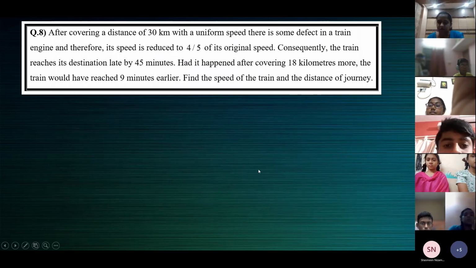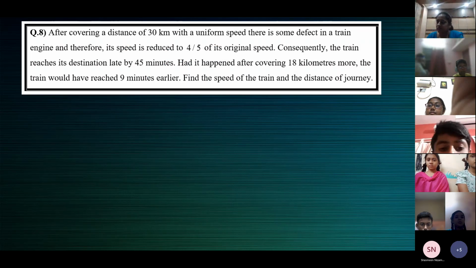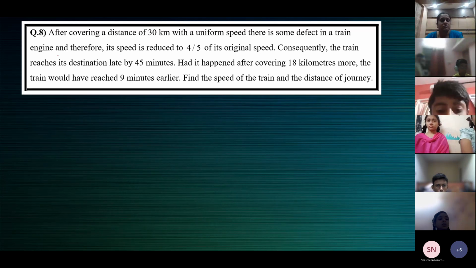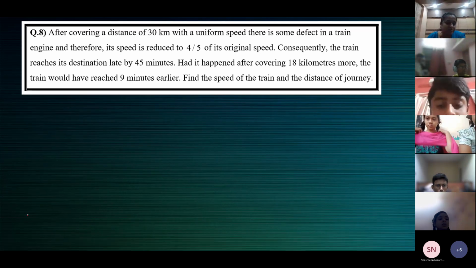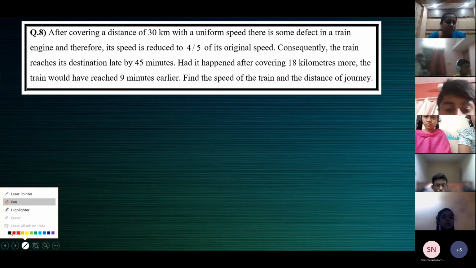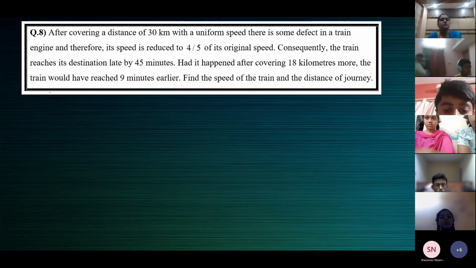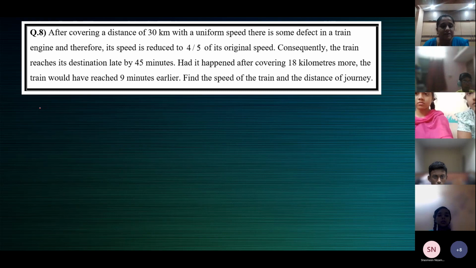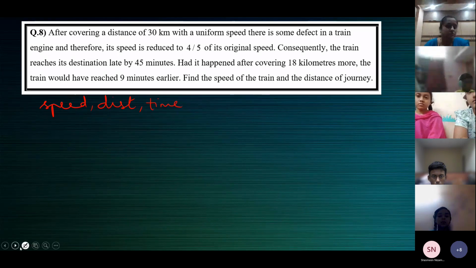I would like to discuss this answer again, children. We have already seen this question earlier in the class. Let's construct the equations. When the question involves speed, distance, and time, what do we assume? Distance and time. What is x?